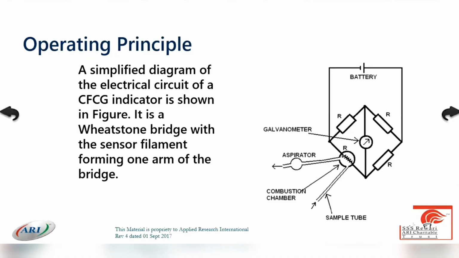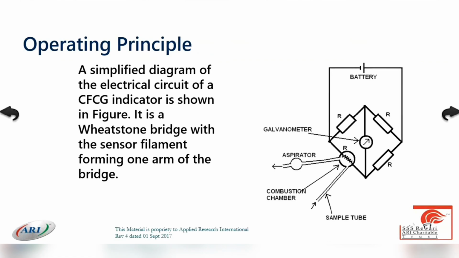Now when we introduce the gas sample, which has an oxygen percentage more than 11% and hydrocarbon in the LEL form, less than LEL, and that gas sample comes in contact with the filament, due to the heat, oxidation takes place. The sample gas gets oxidized, and due to oxidation it generates heat.